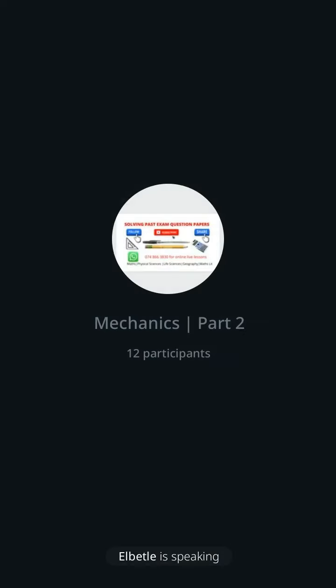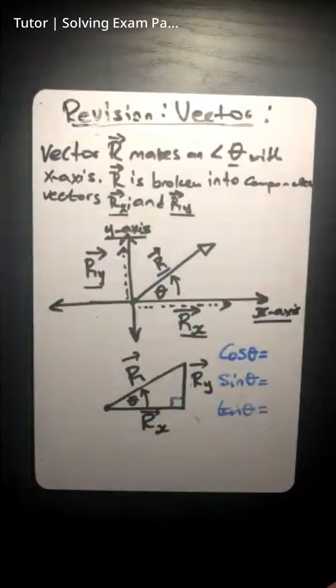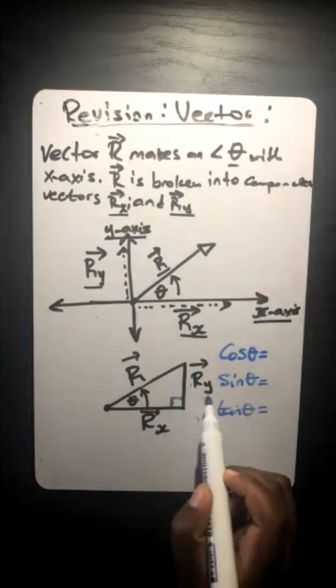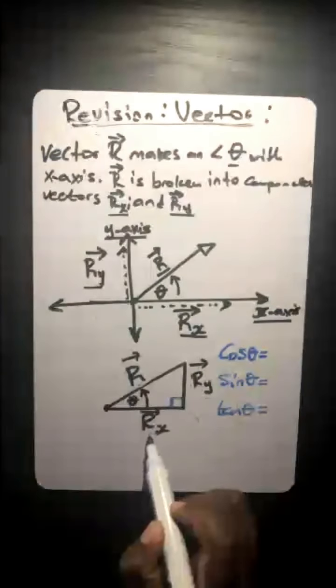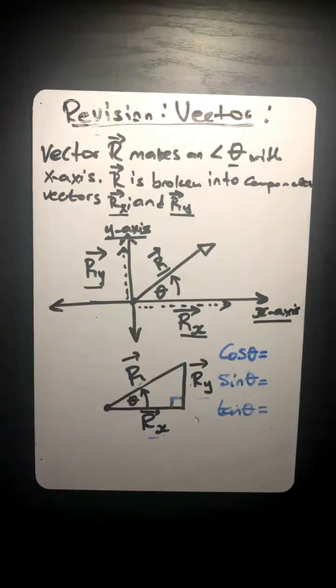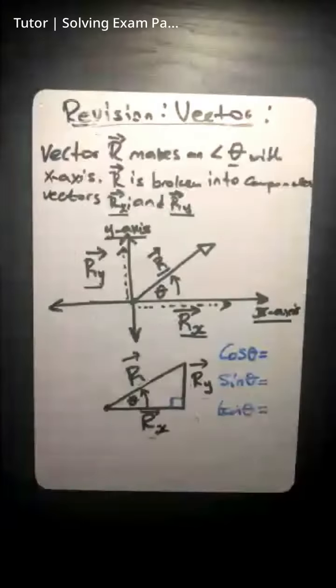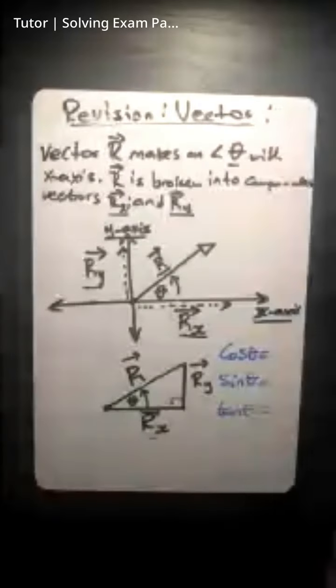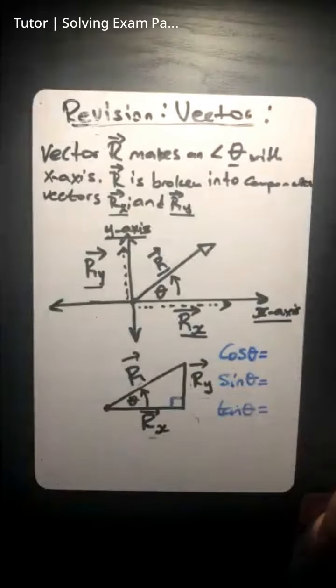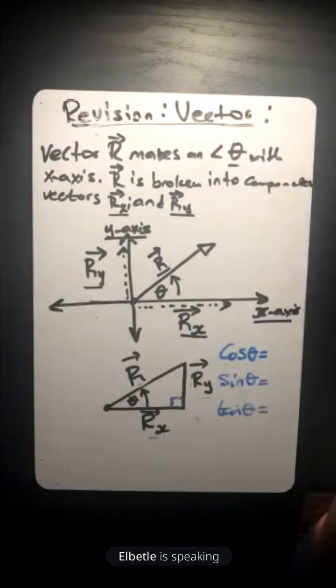Adjacent over hypotenuse. Remember, guys, in terms of the vector components, Ry over R. For which one? For cos theta.